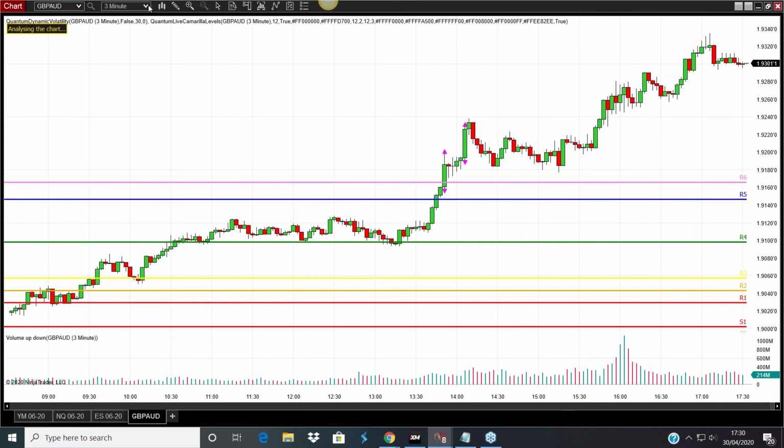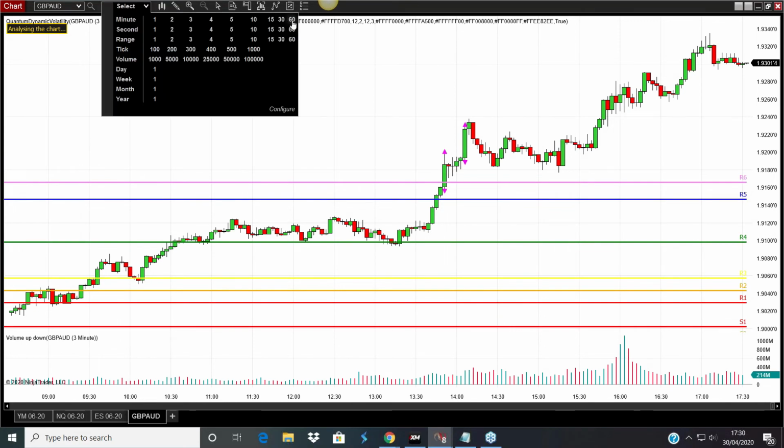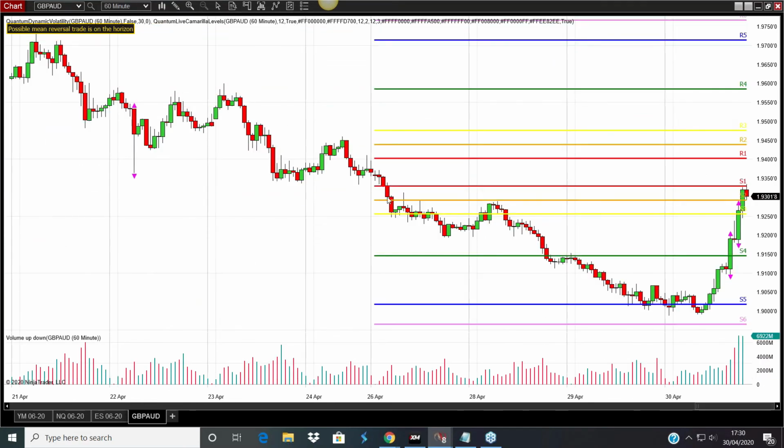If you move up to the hourly chart, and I'll show you on the YM, I put 60 minutes on there, the values are different, but these values stay here until the end of the week. So not only do you have a key level for a daily basis, an intraday basis, you can also compare that to when the price is reaching a level which is significant for the week.